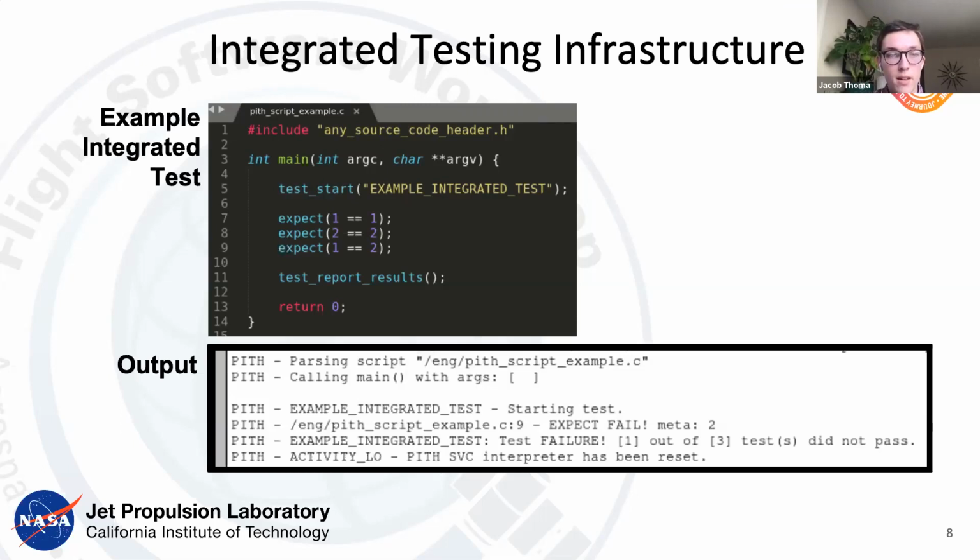And then there are some testing infrastructure functions, so you would declare that the test is starting and then have some values you're expecting. Here we have 1 equals 1, 2 equals 2, 1 equals 2, and so obviously we expect 1 out of 3 of these to not pass when we report the results, and then that's what we see.